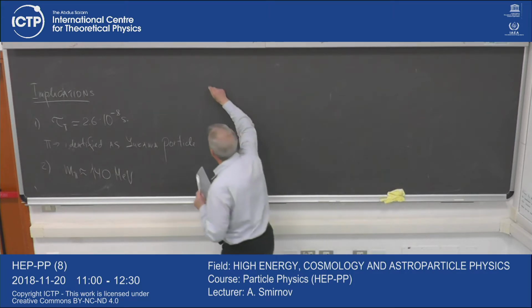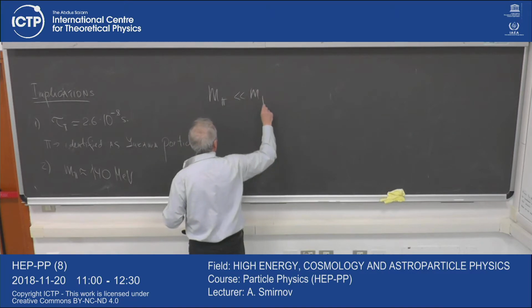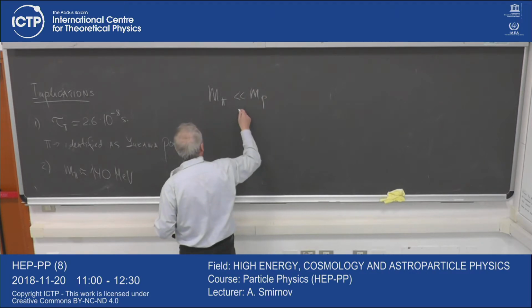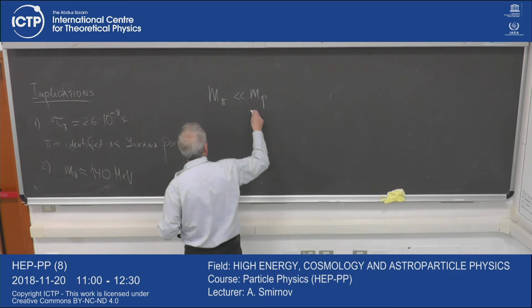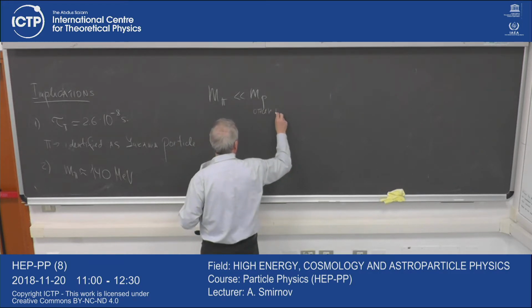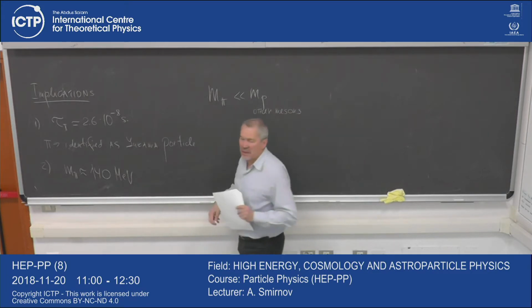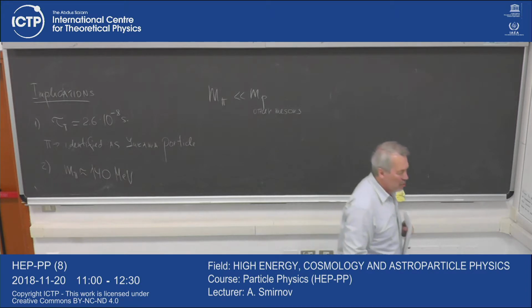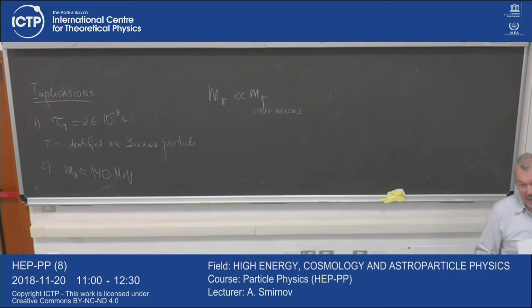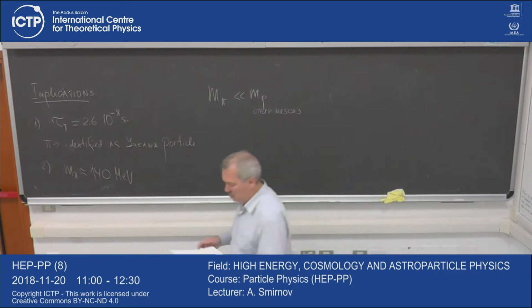This mass is much smaller than the mass of the proton or neutron, and it's also much smaller than the mass of other mesons discovered later, like the K meson, like the rho meson. So the natural mass scale would be around a GeV for this type of particle. But for pions, for some reason, the mass is much smaller.